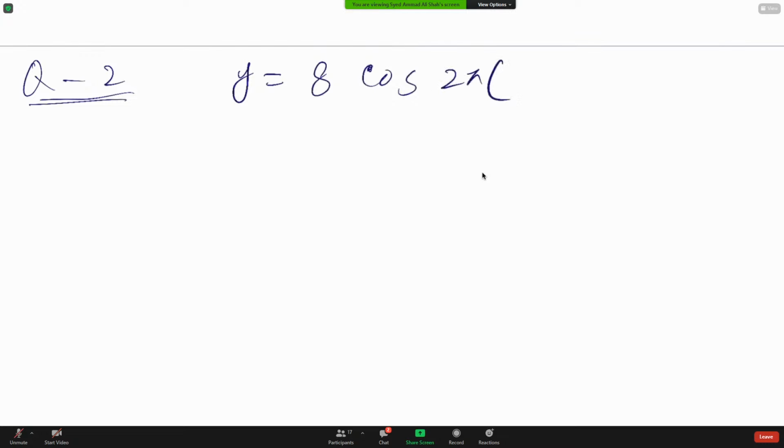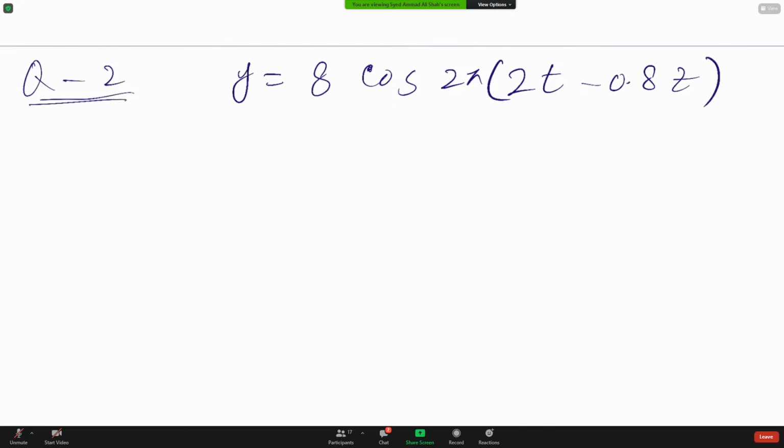Now we move to question 2. Question 2 says a wave is specified by this expression: y is equal to 8 cos 2 pi, and in brackets you have 2t minus 0.8 z, where y is expressed in micrometers and the propagation constant is given in per micrometer.